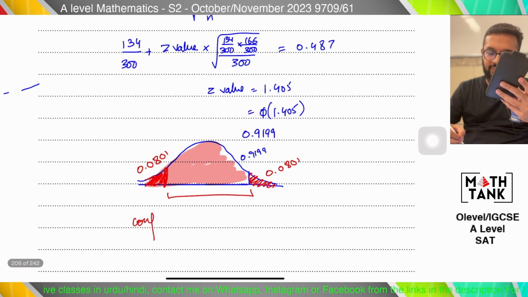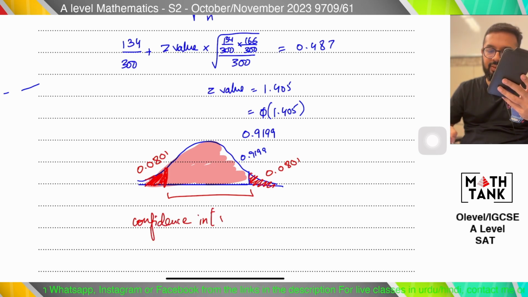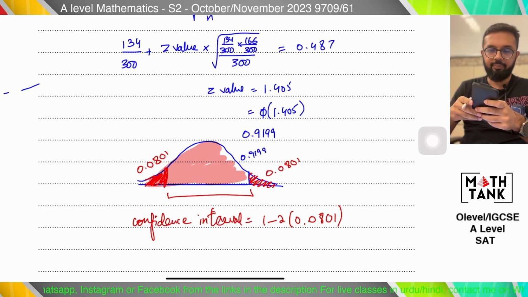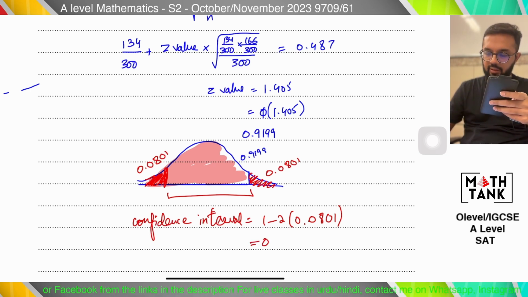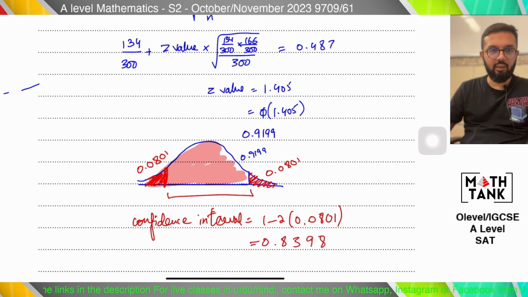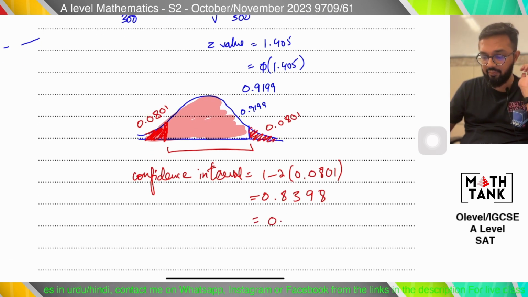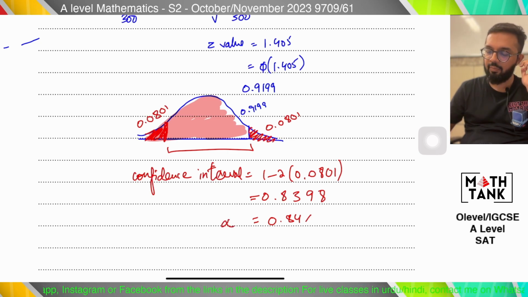So the confidence interval is basically 1 minus 2 times 0.0801, which is 0.8398. So it's approximately 84% when I round this off to two significant figures. So alpha confidence interval is basically 84%.